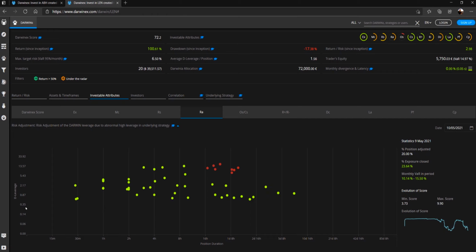And obviously, the larger the volume compared to the equity, the higher the risk. But that's just the basic calculation. Because different assets exhibit different volatility levels, this of course means that trading one particular asset with a high volatility results in a higher risk than trading an asset with a lower volatility. And so this fact is also incorporated into the measure of that risk.